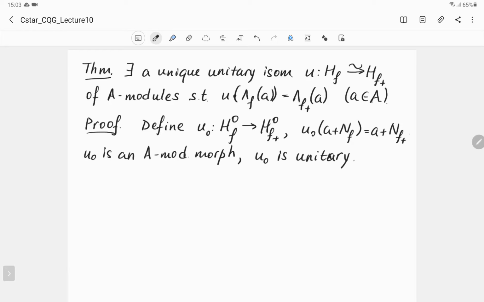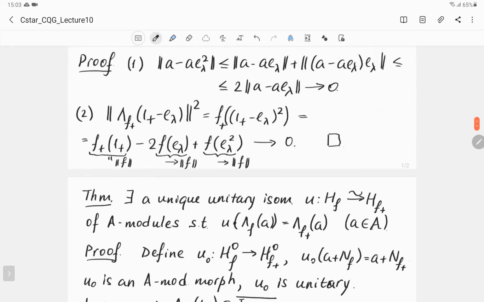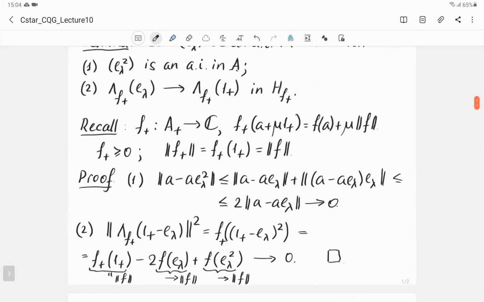And also, if we now apply our lemma, we conclude that the canonical image of the identity of the unitization sits in the closure of the image of U0. So this follows from the second part of our lemma. So look here, this is in the image of U0, and this converges to lambda F plus of the identity.